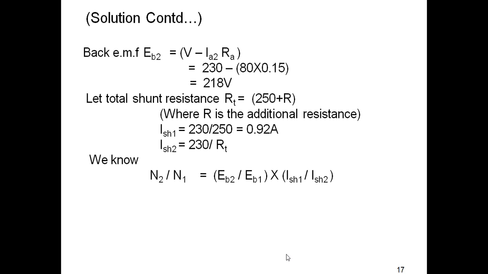And we know that N2 by N1 is equal to EB2 by EB1 into ISH1 by ISH2.